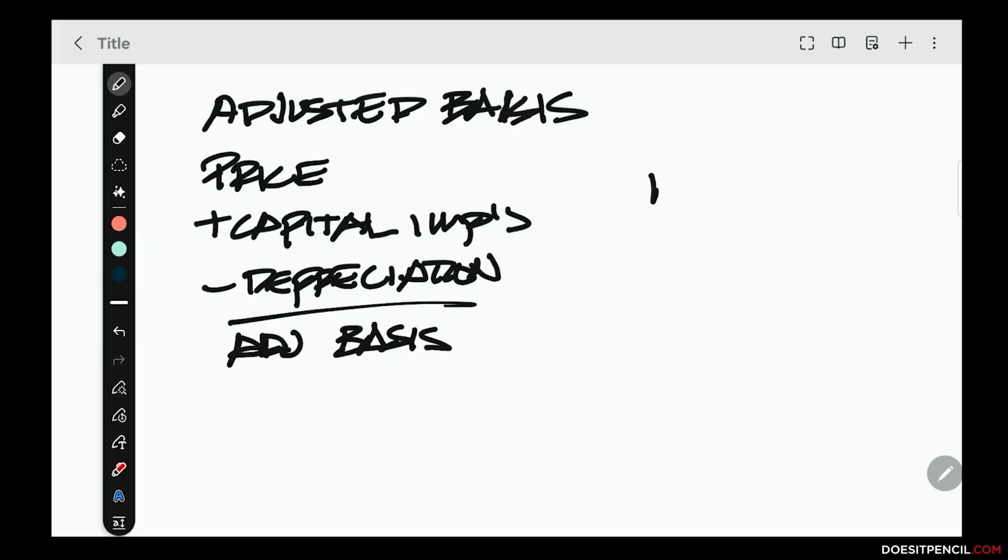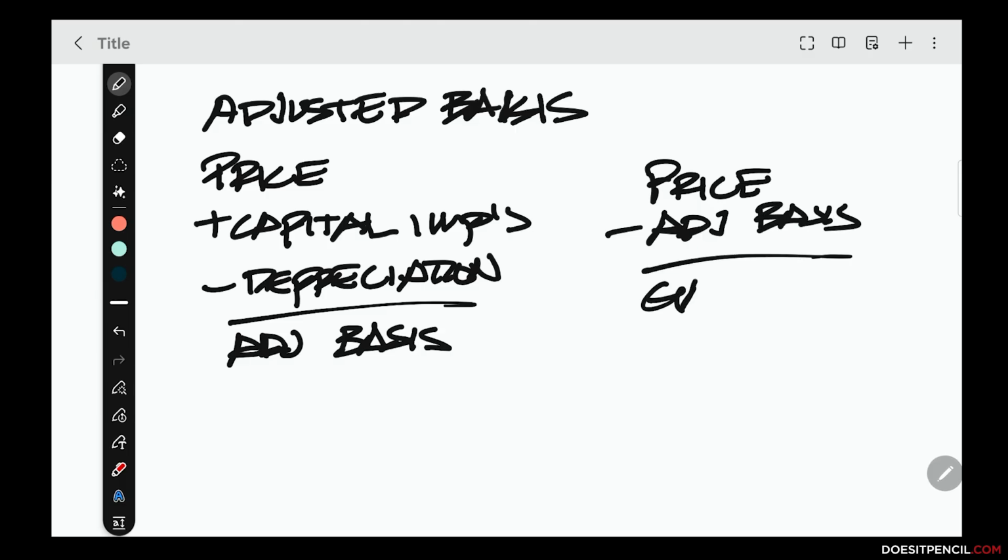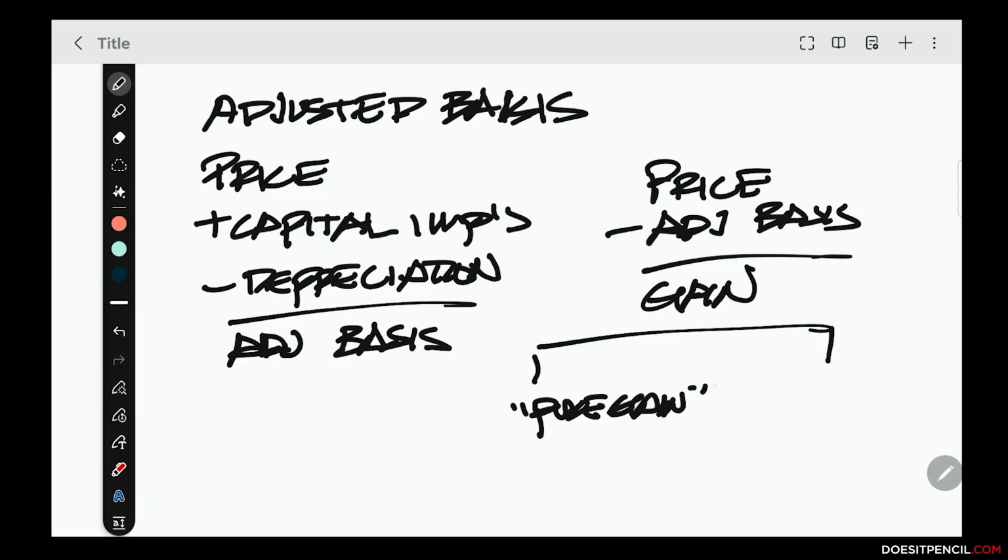Your sale price minus your adjusted basis is your gain. And again, baked inside of this, you have what I call the pure gain and the depreciation recapture.